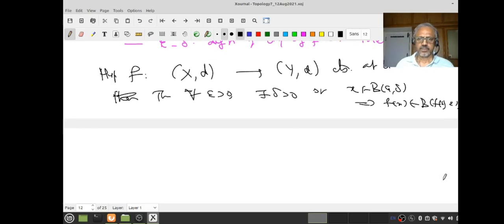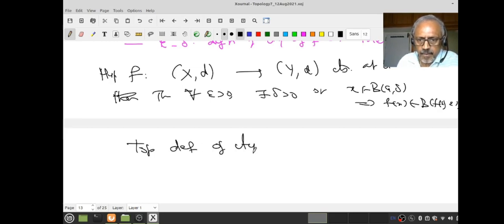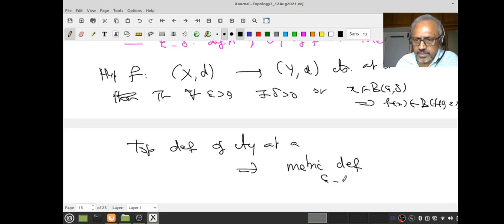So that means our topological definition of continuity at a implies the metric definition, or epsilon delta definition, of continuity at a.